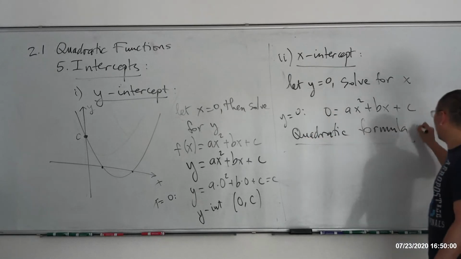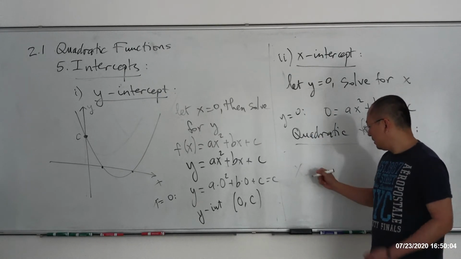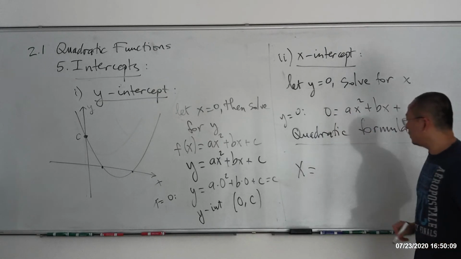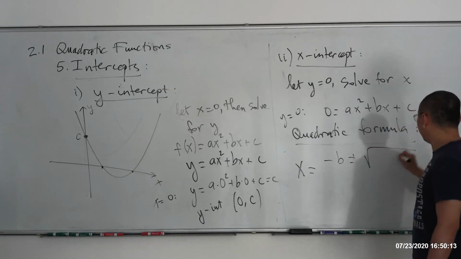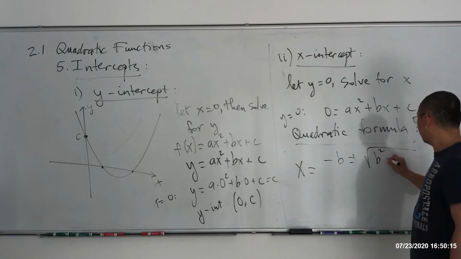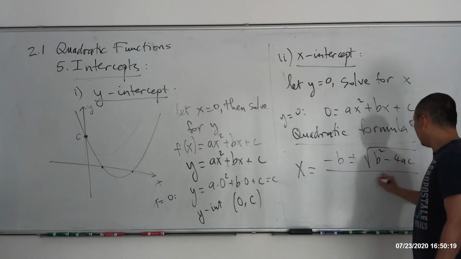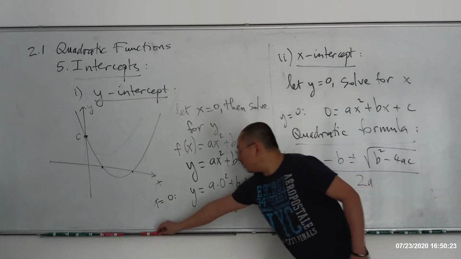And I bet you all still remember the quadratic formula. The quadratic formula says x is equal to negative b plus or minus the square root of b squared minus 4ac, all over 2a. And let me box the formula for you.